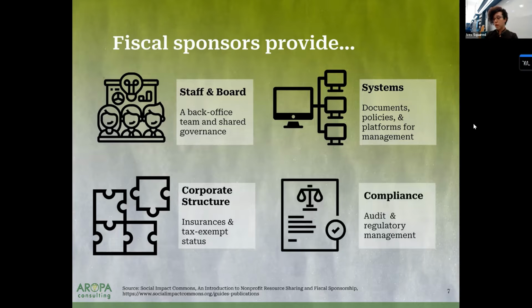And specifically around compliance, a lot of nonprofits, once they reach a certain size, will need to be audited and have a variety of other regulatory concerns. A fiscal sponsor can be there to support you through that process, or even, depending on the sponsor, will manage the process completely.